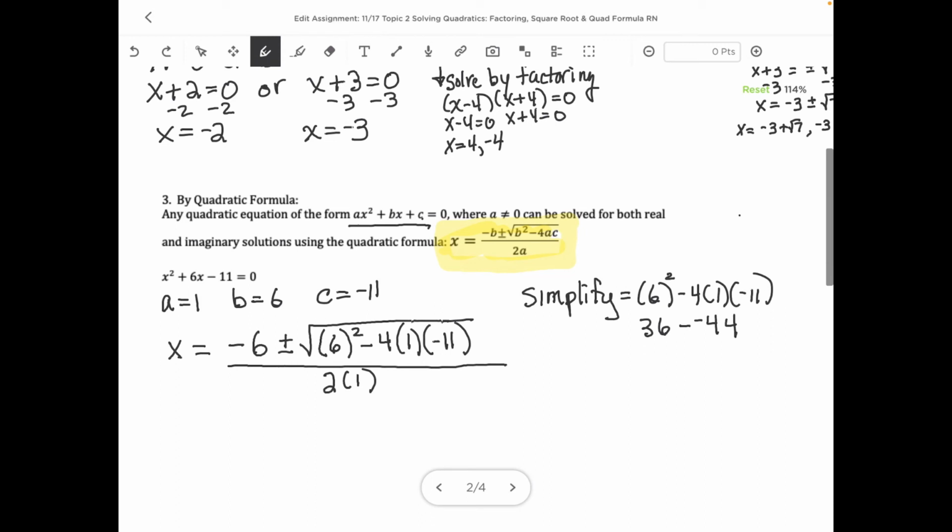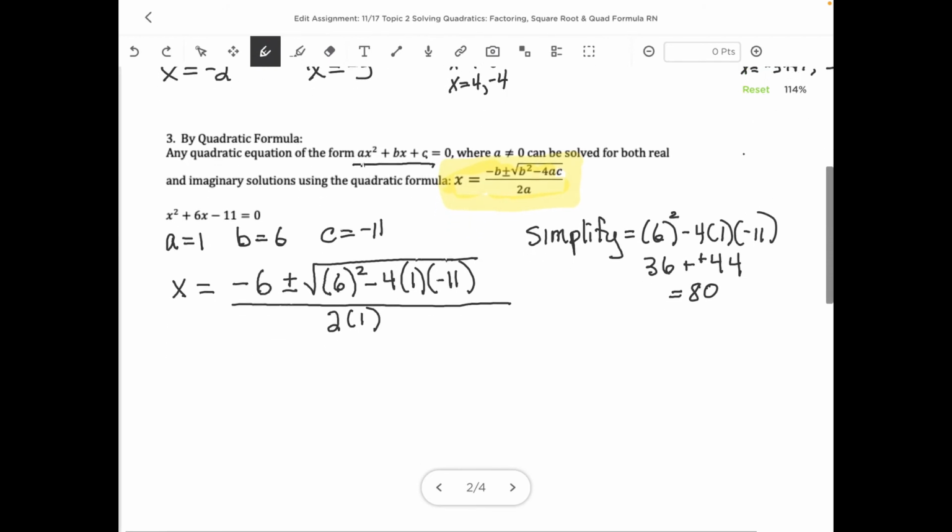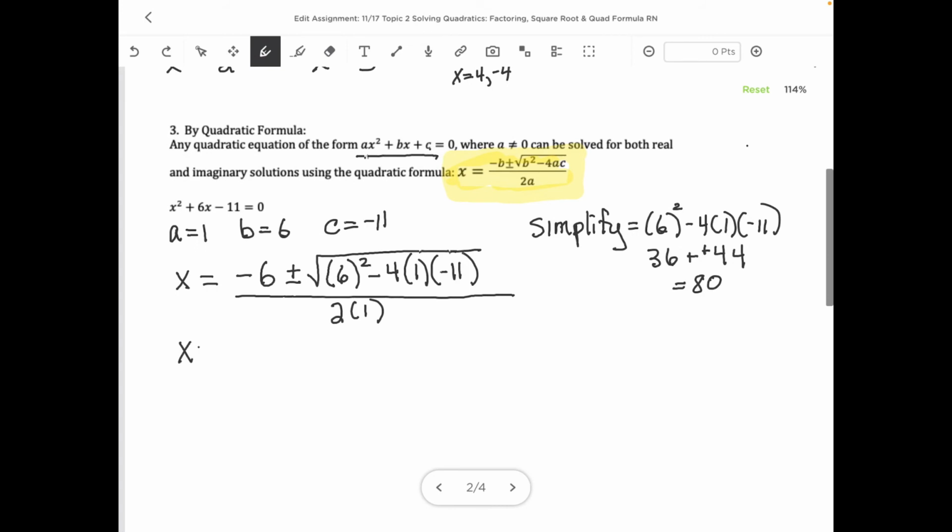You have to do the multiplying before you do the subtracting, right? So 4 times 1 times negative 11 is negative 44. We're going to then change it into add. So 36 and 44 is 80. So this now becomes x equals the opposite of 6 plus or minus the square root of 80 over 2.